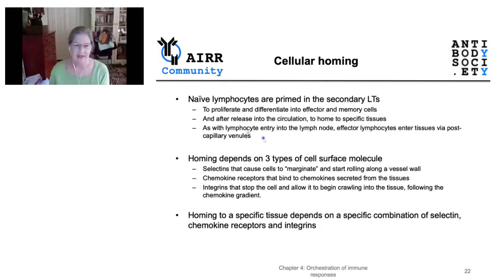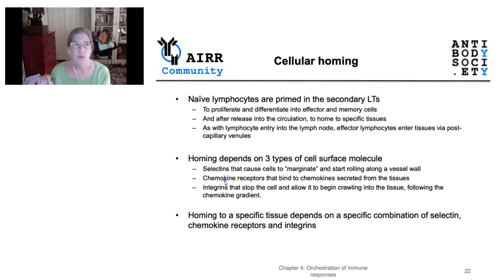And so lymphocyte entry, as with lymphocyte entry into the lymph node, where they're drawn in again by chemokines, the effector lymphocytes are going to be drawn to the tissues wherever they're supposed to go by chemokines. So they have things called chemokine receptors, but there's more steps to it than that.